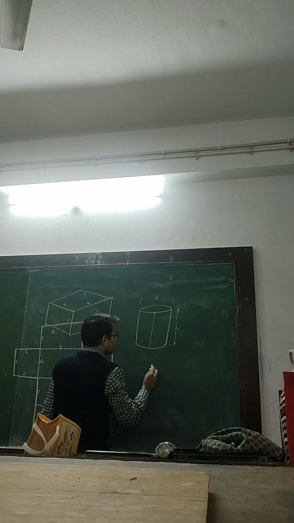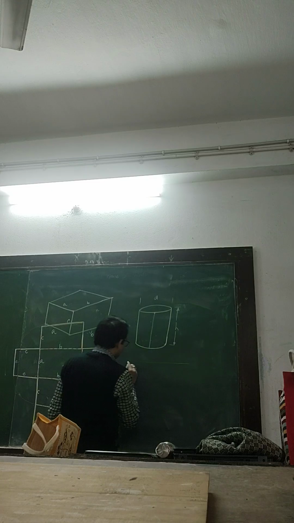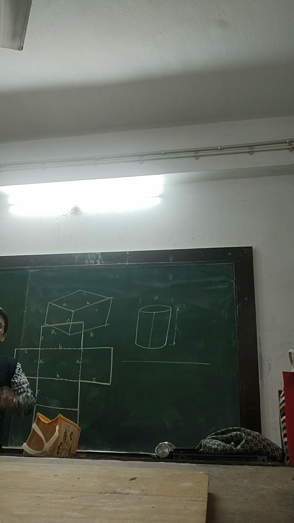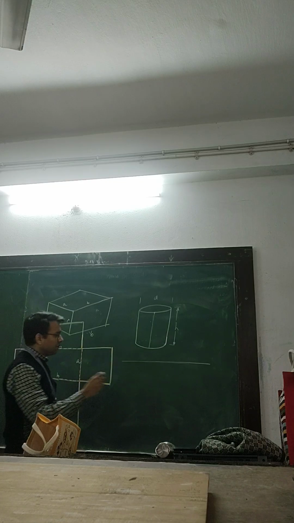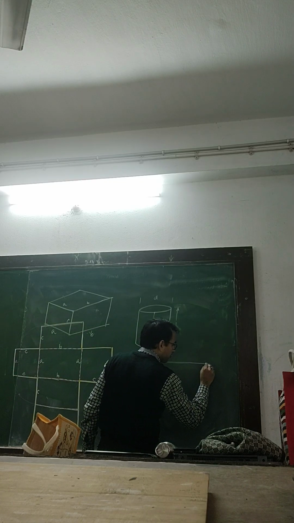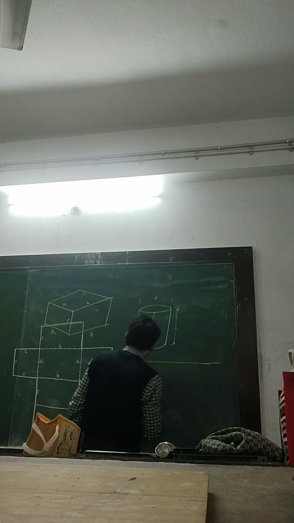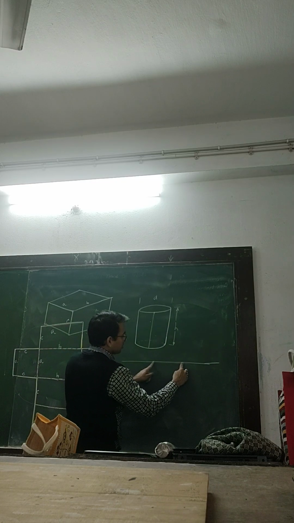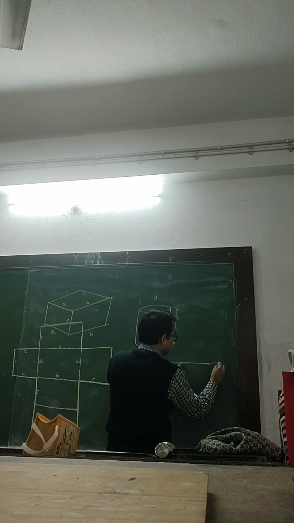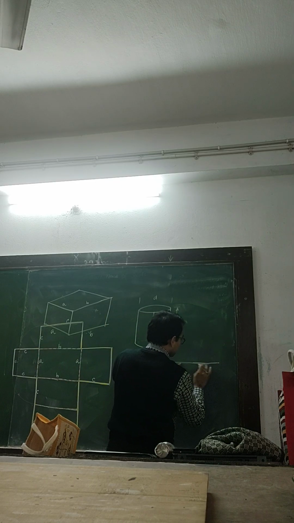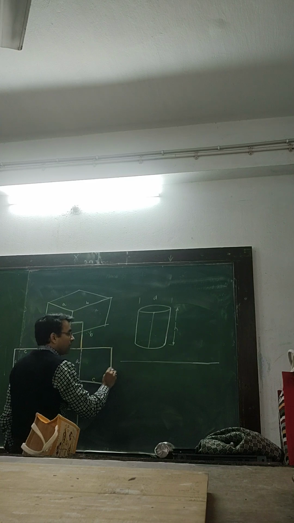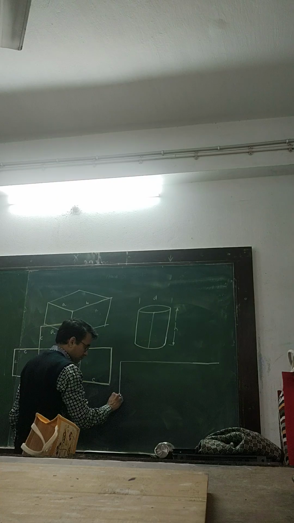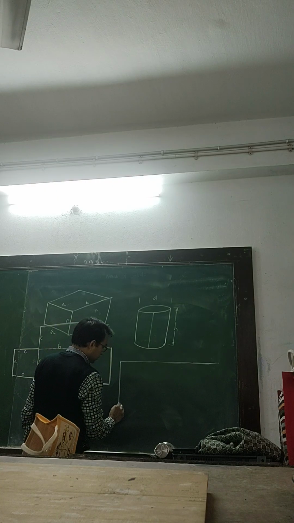Right? So therefore, I will draw a length which is pi d. Pi d means about 3 times d, a little more than that, 3.1415. So it is like this. If it is d, then 3 times and a little more than that. So that is this. And what is the height? Height is h.